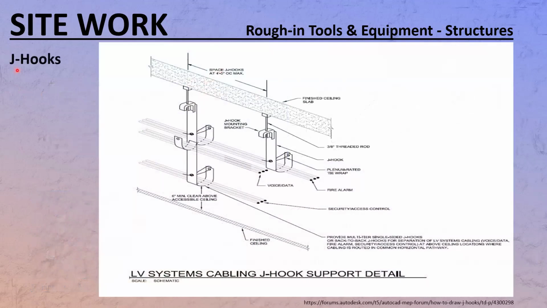All right, J-hooks. We already saw some of what the J-hooks look like. They can be mounted on the threaded rods. The threaded rods can be driven into the concrete structure, or they can be mounted on the red iron. Depending on what situation you have, you're going to have to apply the proper equipment.